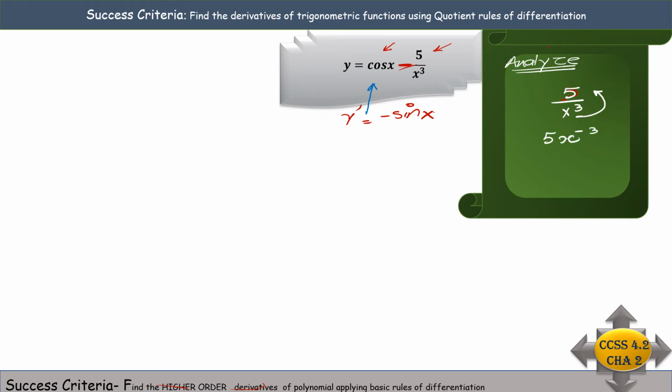Now I am ready to take the derivative. So negative 3 times 5 I will get negative 15. X power negative 3 minus 1 gives me negative 4 power. Now either stop over here, but I would not prefer it because the power is negative. So bring it down again to make it positive.